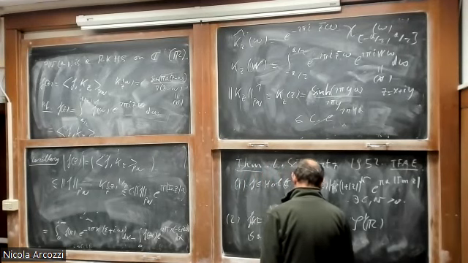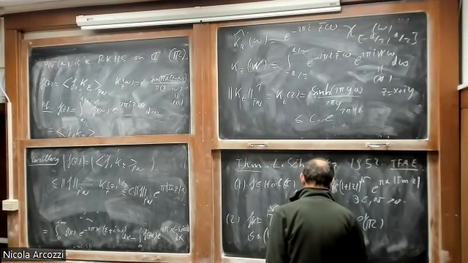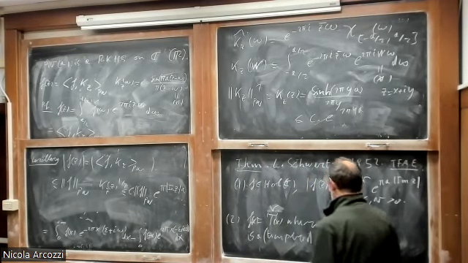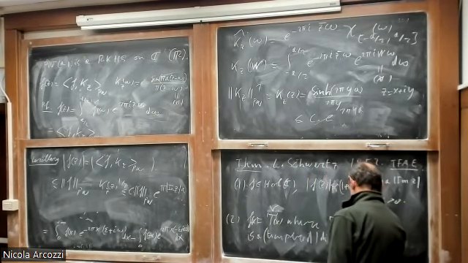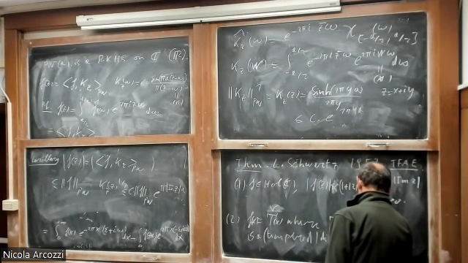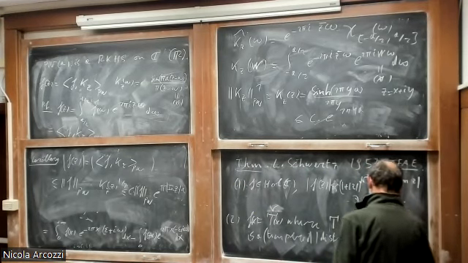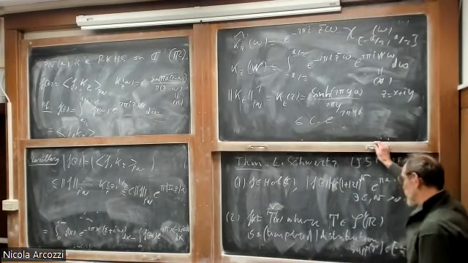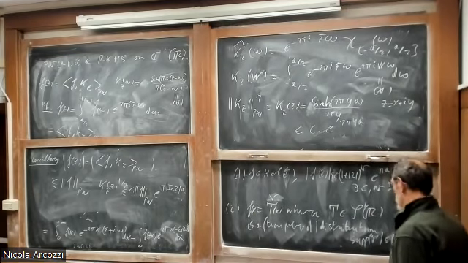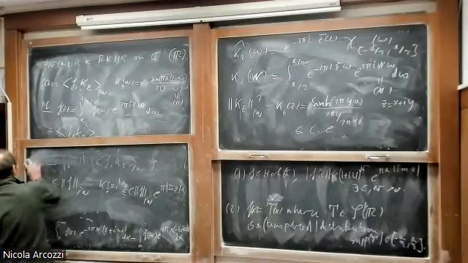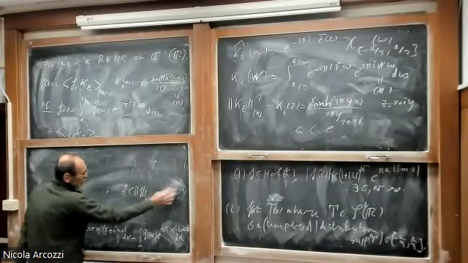We can take the distribution with its support on the interval minus a over 2 to a over 2. And in fact, I don't expect everybody to know about distributions.